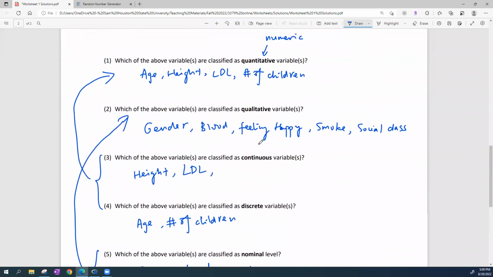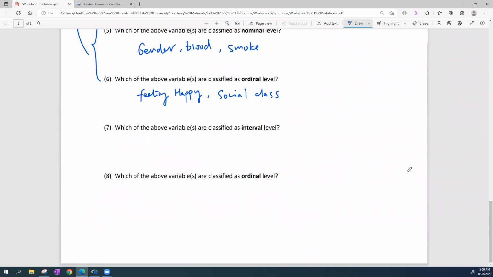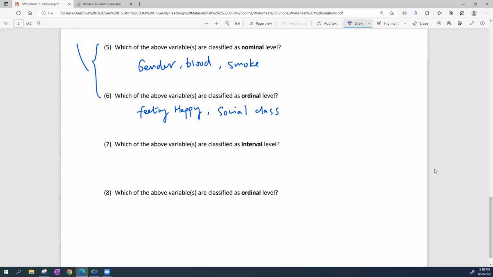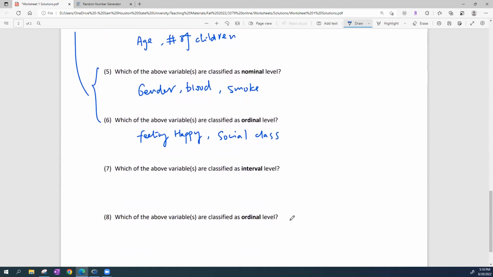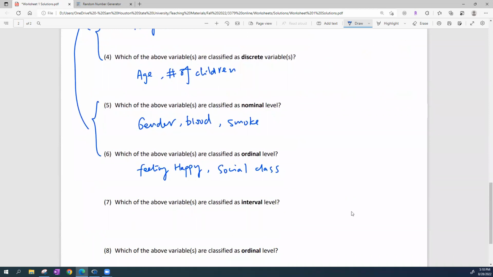So we have 1, 2, 3, 4, 5. That'll be all. And number 7 and 8, interval level or ratio level. So that's from the quantitative variables.